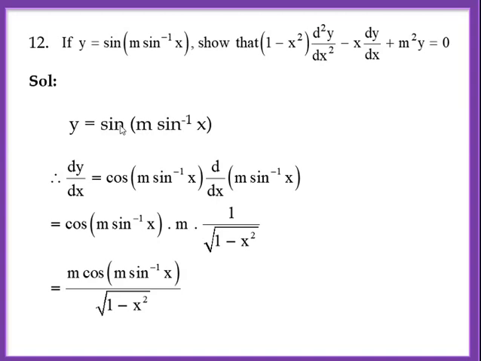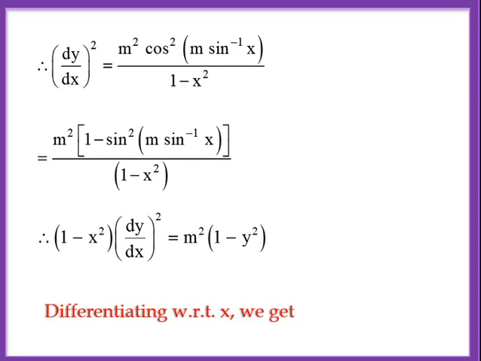So dy dx is what? Derivative of sine is cos into derivative of m sine inverse x, which is m into 1 upon root 1 minus x square. So what is dy dx now? It is m cos of m sine inverse x upon root 1 minus x square. So what is dy dx square? Is this one. Now we want to eliminate cos.